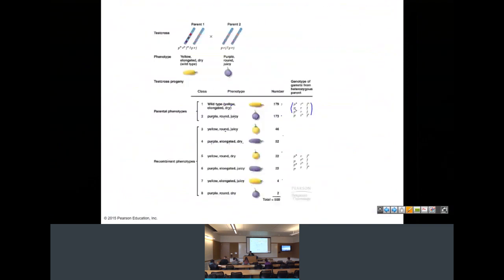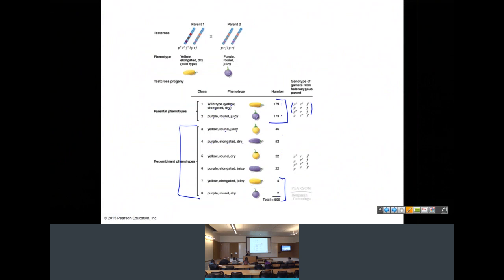Okay. So when you look at this, you can see it's obvious. Your eyes are going to the classes that are parental and have the largest number of offspring, and then all of these are recombinants. There's only 2 parental classes. And of the recombinants, these 2 have the smallest number of offspring.